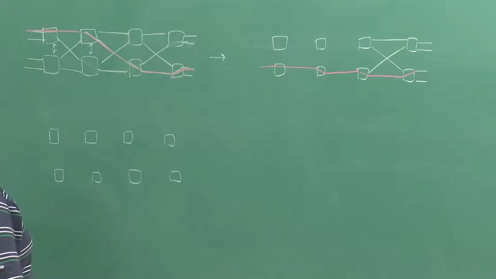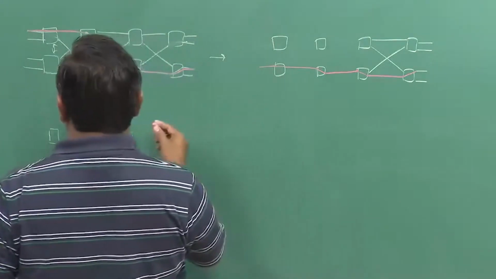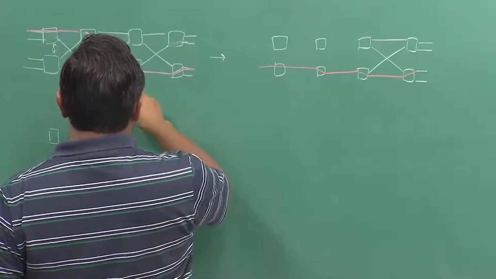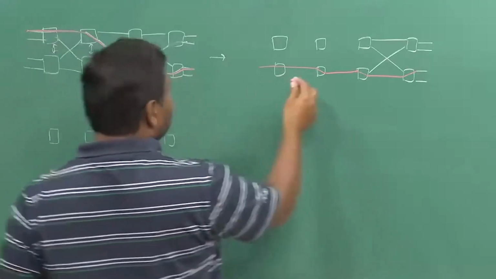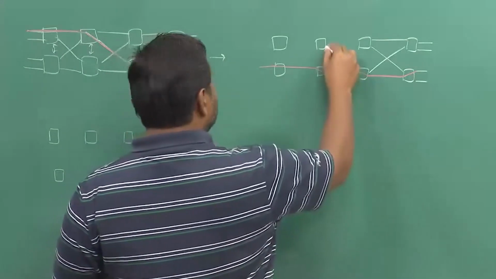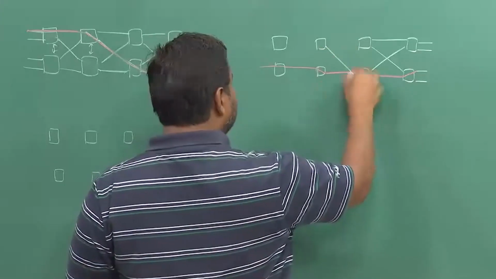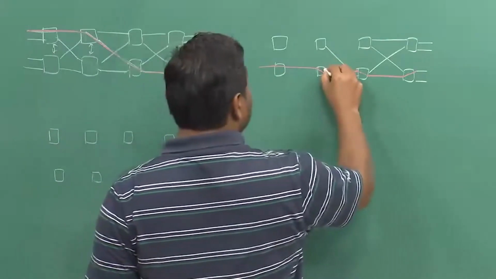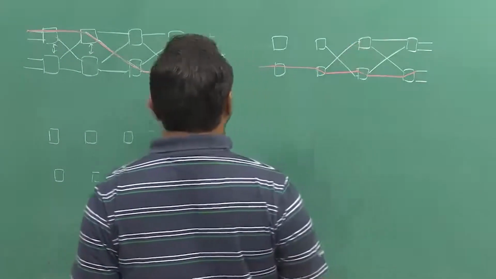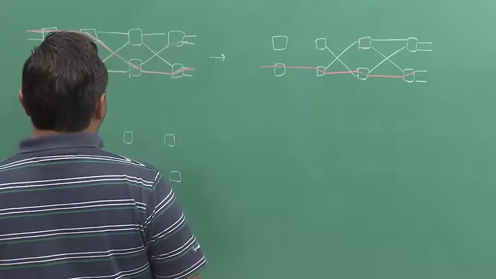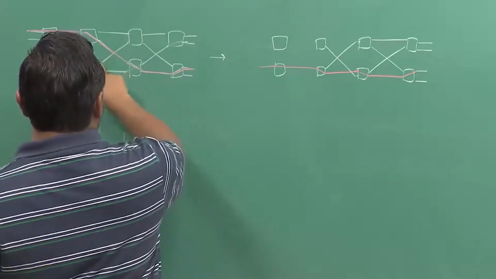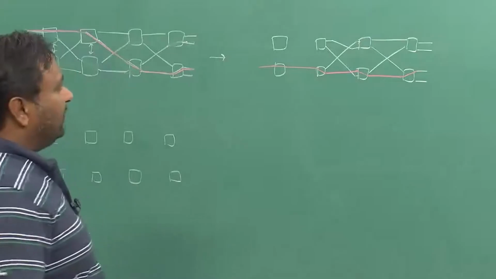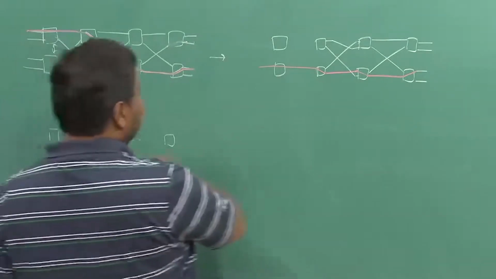So, this particular line will become the cross line from bottom to the top. This line will become the cross line. This particular line will become the parallel one. I think now the similar exercise has to be done here.